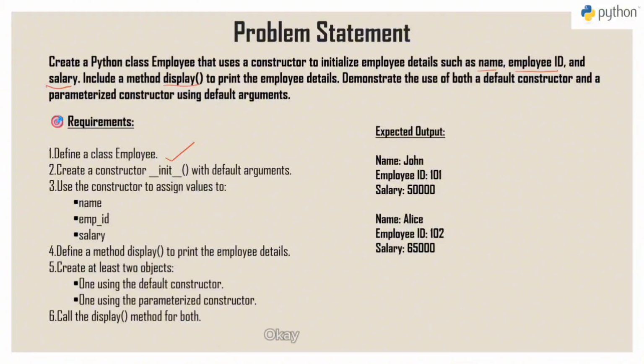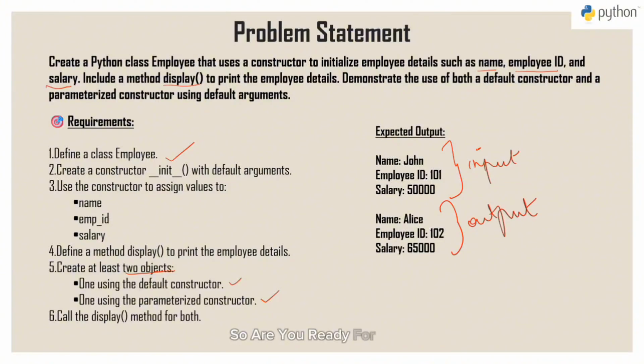Now in this I need to create two objects, one for the default constructor, one for the parameterized constructor. We will see one for default value as well. So the expected output is like this. This is the input and this is the output.